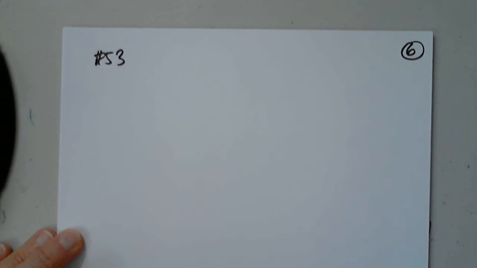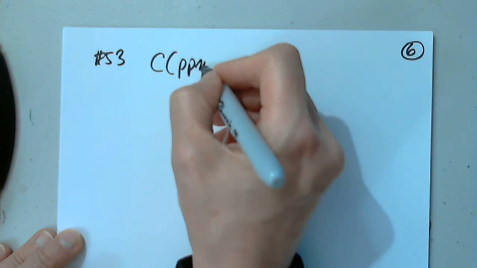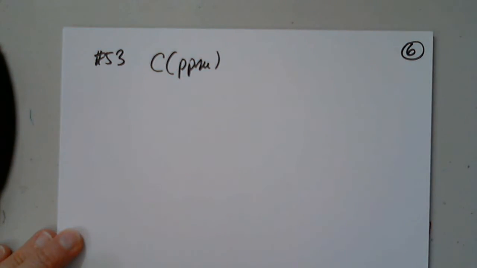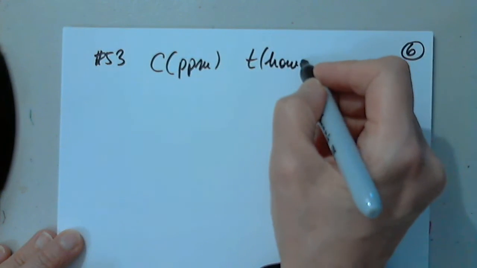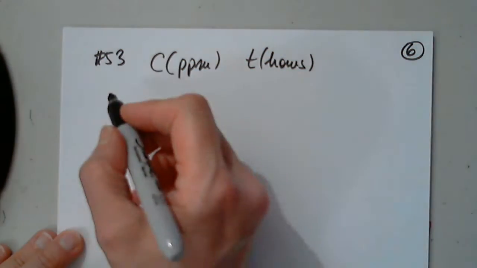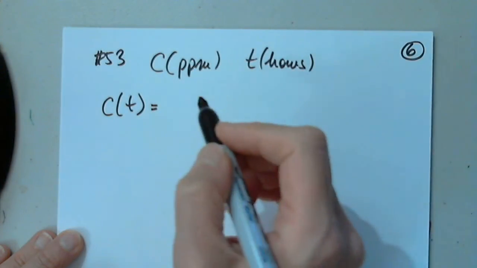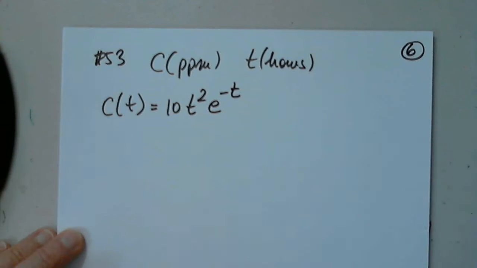The concentration C in parts per million, C in ppm of a medication in the body, T hours, T in hours. I always take notes on what I need here. Is given by the function, finally C of t, thank you very much, 10 t squared e to negative t.